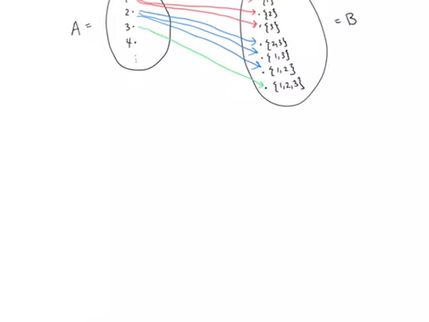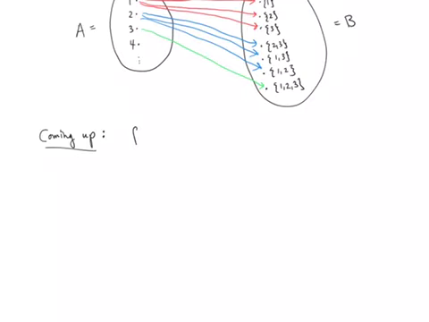So the most important example of a relation, which we're going to look at coming up in a future video, is the idea of a function from a set to another set. And so a function is going to be a relation because when you think about a function, it's a rule that takes an input in A and gives you an output in B, right?